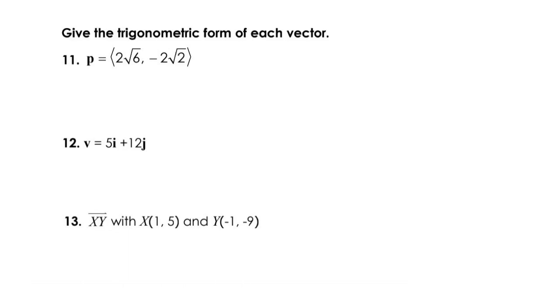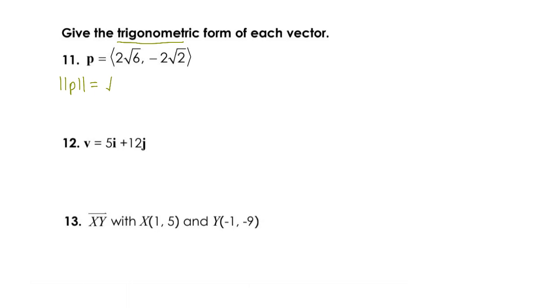Okay, now for these, we're going the other direction. So we're given our component form, and we need to go through and find the trig form. And the trig form was what we were just doing with the previous problems, number 9 and 10, the formula that we were using there. So working this one through, the first thing we would need would be the magnitude of vector p.